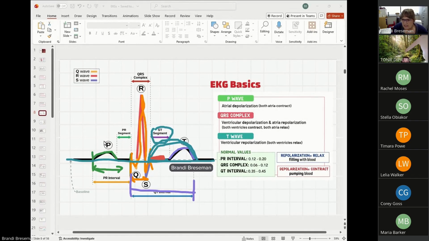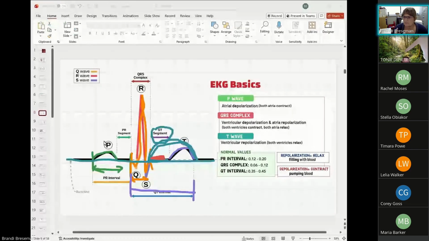And what that's telling you is that the depolarization and repolarization process of your ventricles is messed up. It's not working correctly.